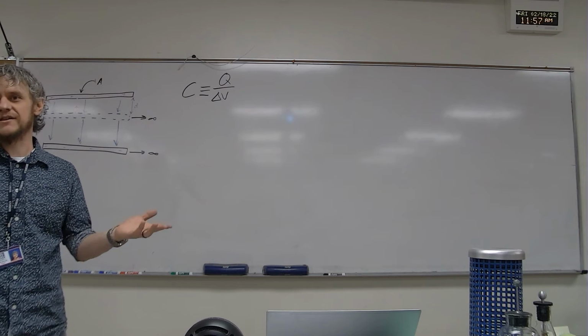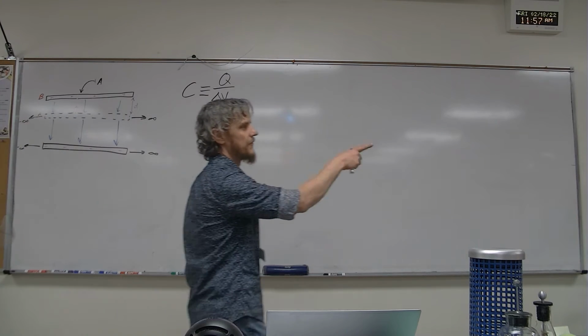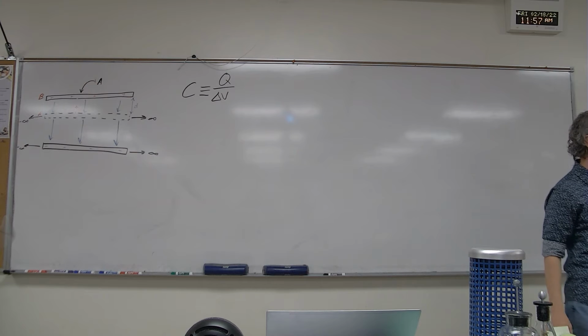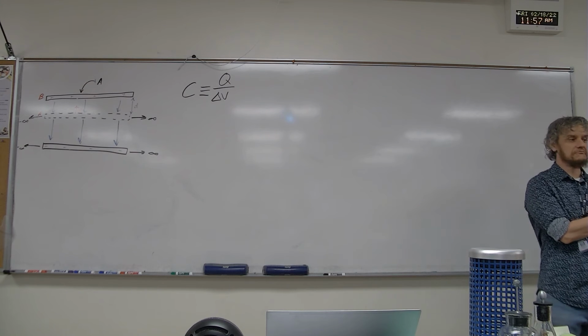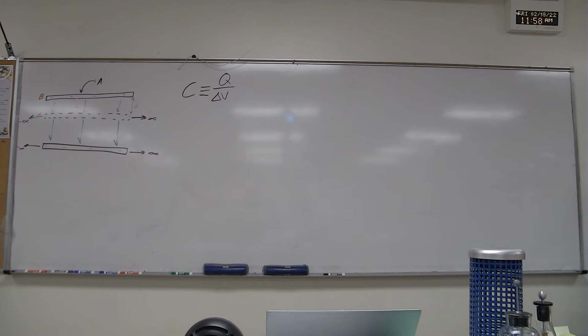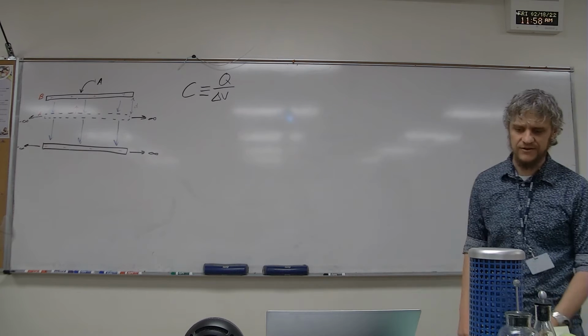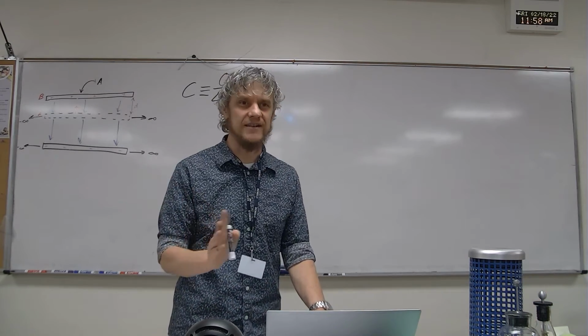That's a capacitor. It's going to be able to store charge. The Van de Graaff generator is a capacitor. It has the ability to store electric charge. If you have the ability to store electric charge, you have a capacity to do so. It just turns out that you don't have a very high capacity to store electric charge.